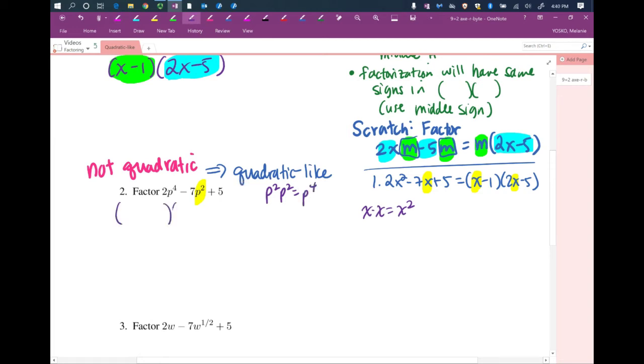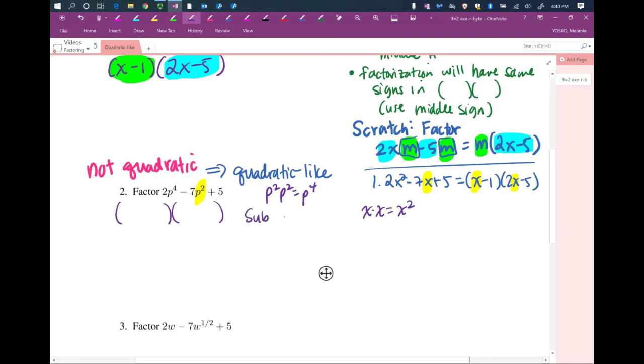So the way you're going to do this is you're going to compare this expression we're trying to factor with one we already know that looks very similar. Notice the coefficients and constants are the same and in the same order: 2, then a negative 7, and then a positive 5. So what we're doing is we're making a substitution.